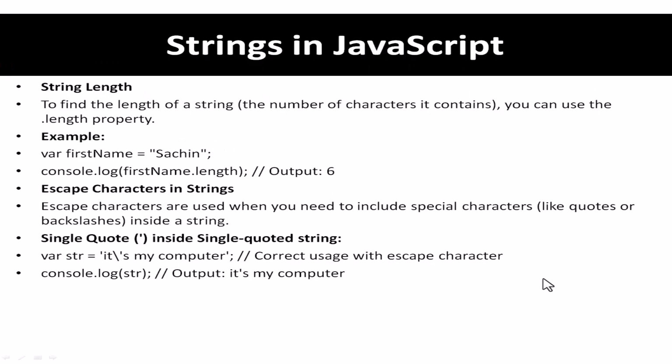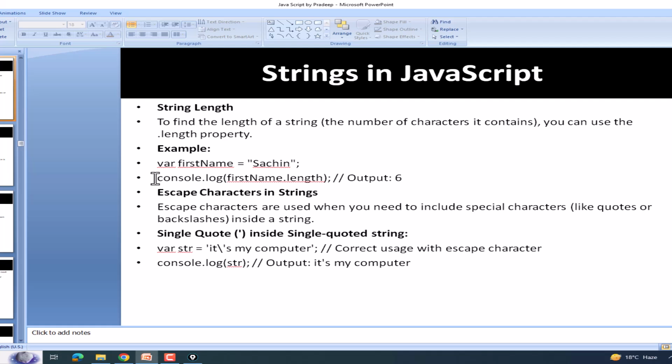Next, finding the length of strings in JavaScript. You can find the length of the string by using first name dot length or last name dot length. Here you are going to get the length of the particular string. If you type console.log first name dot length, it will give the first name length.